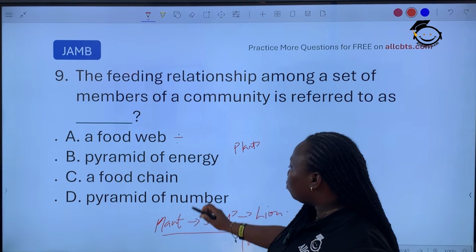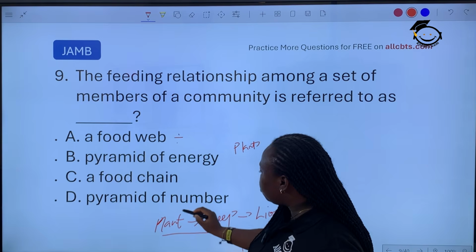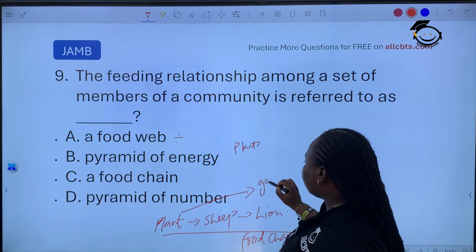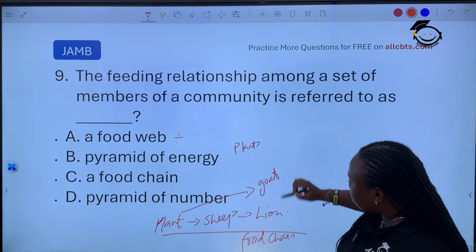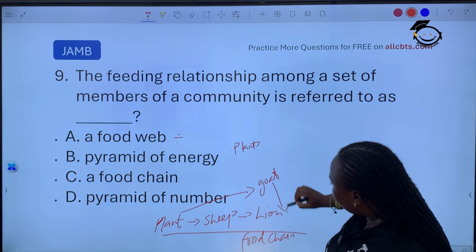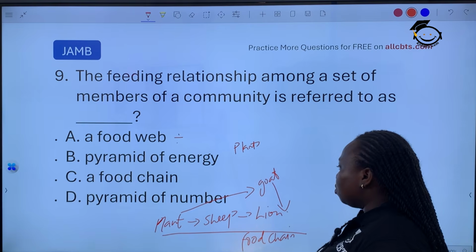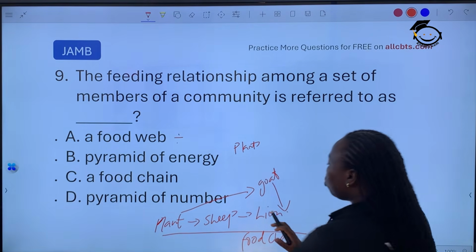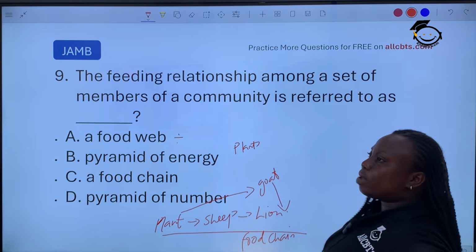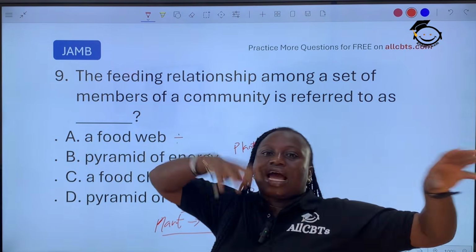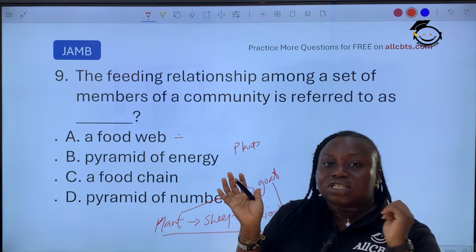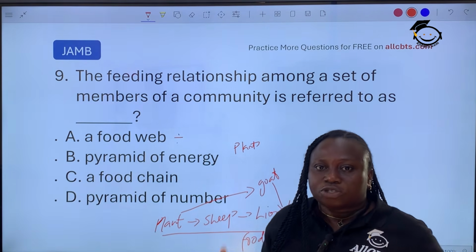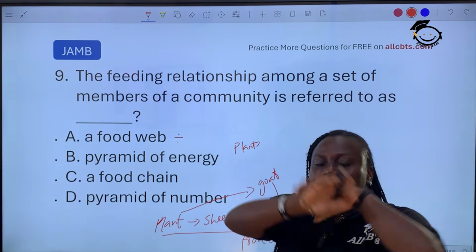We can say, oh, this plant again, not only sheep will feed on plants, we can say goat feeds on that plant. Then we can connect it again. Lions too will feed on the goats, and so on and so forth. So that is how the food web is. So food chain is only a straight line, but for food web, it's scattered. It shows different kinds of organisms, and that is a more realistic relationship of organisms that live in a community.